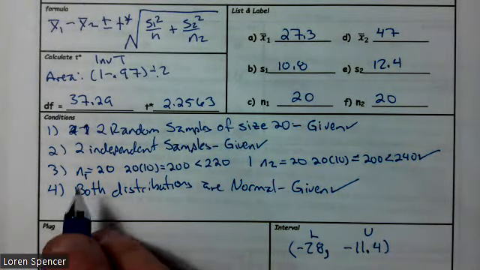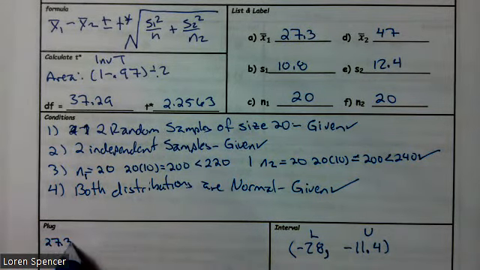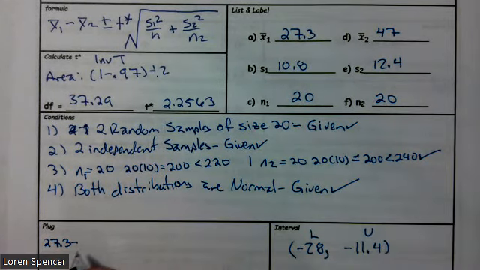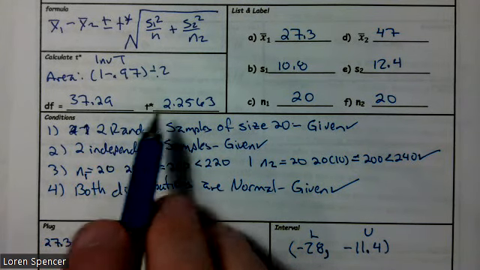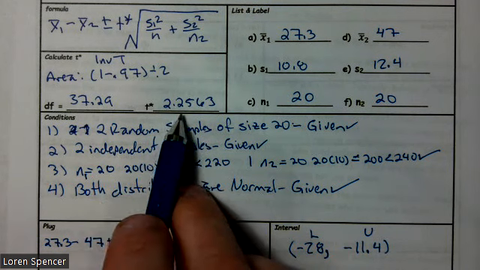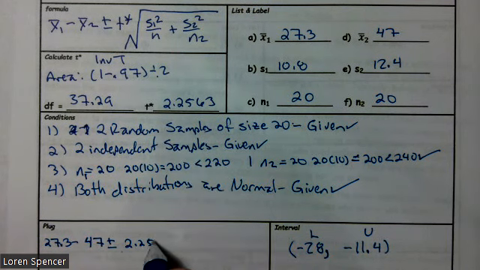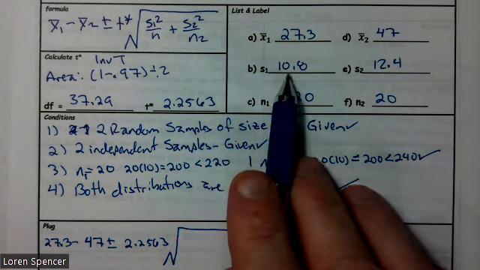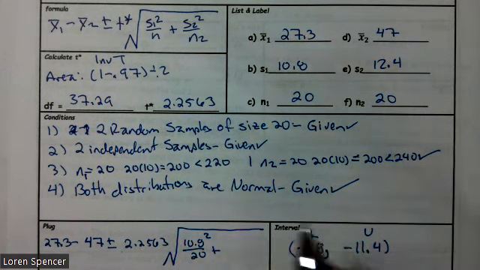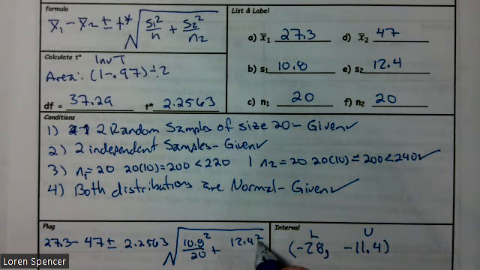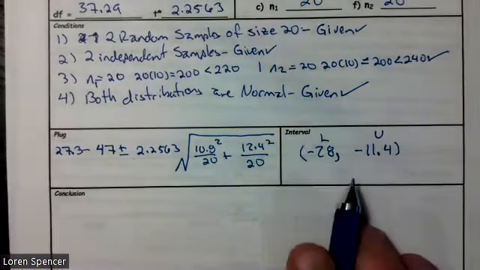So 27.3 minus 47 plus or minus T star, which is 2.2563, times the square root of 10.8 squared over 20 plus 12.4 squared over 20.